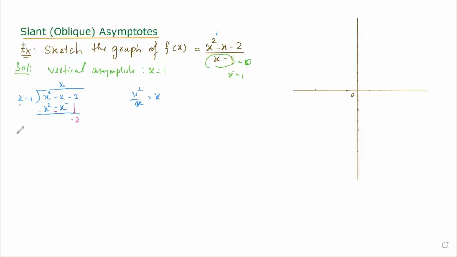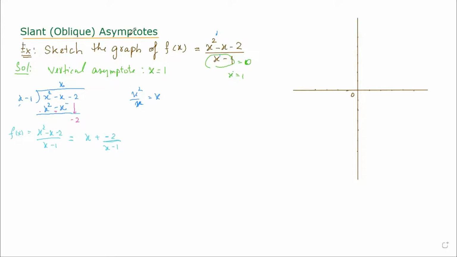After this, we can write f of x, which is equal to x squared minus x minus 2 over x minus 1, as a mixed fraction. So we get the quotient first, x, plus the remainder, minus 2, divided by the divisor x minus 1.